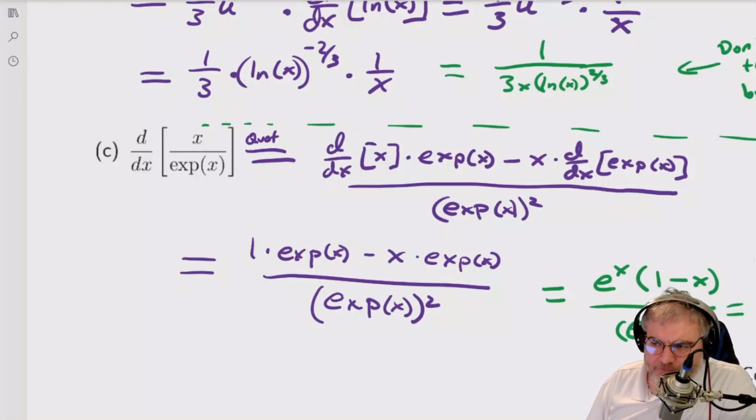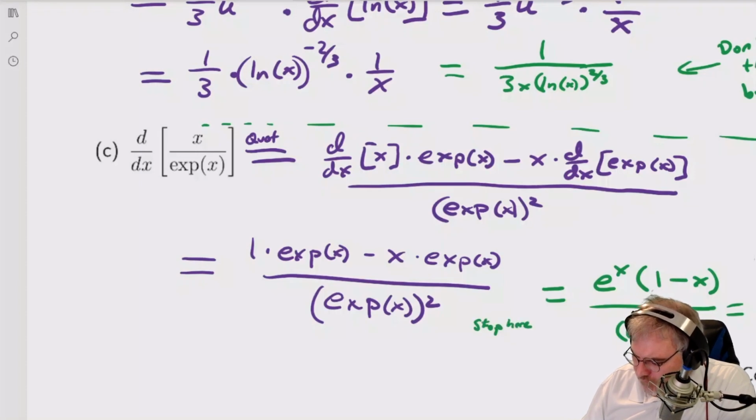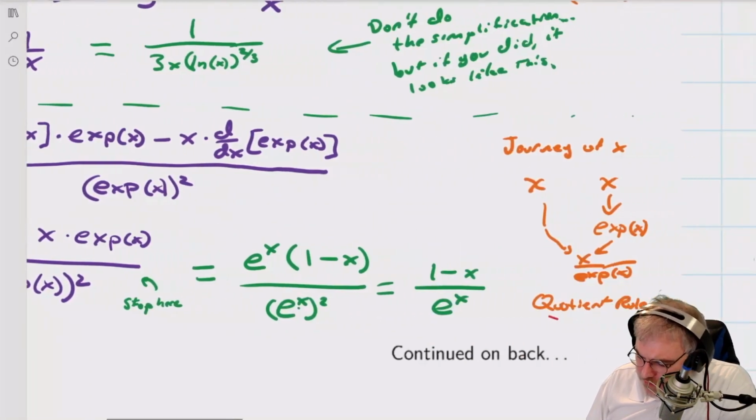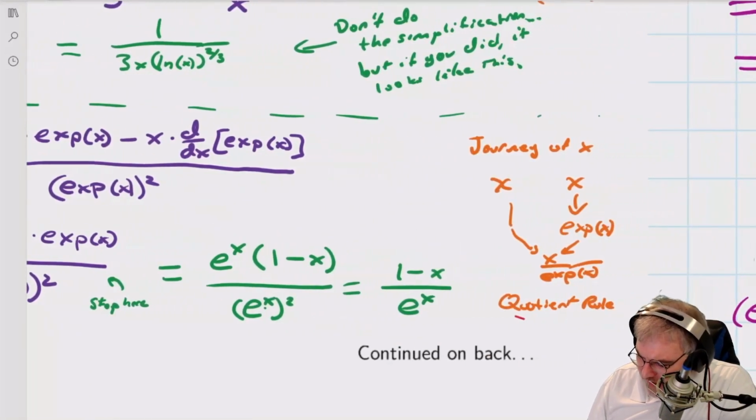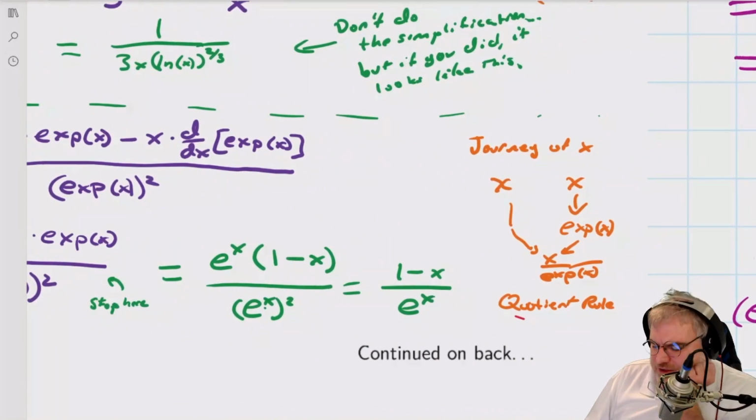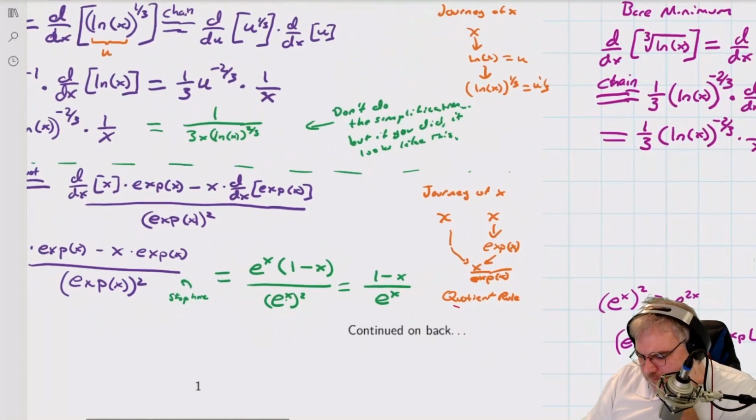Stop there. Okay, that's your answer. But I want to make a point, so what I'm going to do is factor and cancel here, okay? This is because I want to make a point with regards to the next question. But if you did simplify it, that would be the simplification.